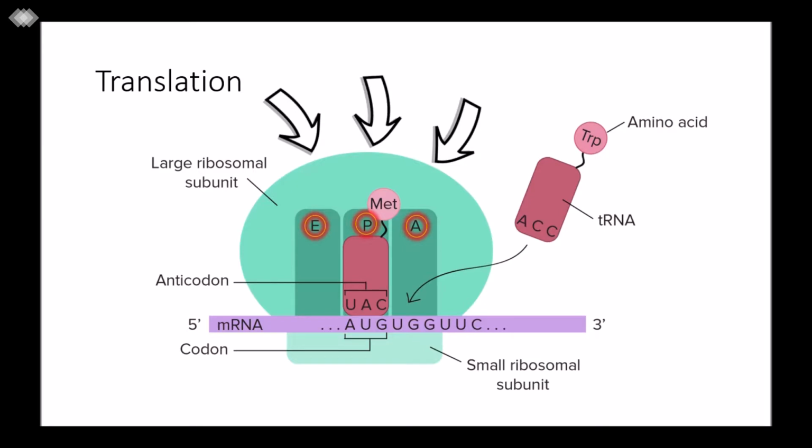Additionally, the tRNA that was originally in the A site will now move over to the P site, and pretty much this process keeps happening over and over again, building that polypeptide, that protein, by adding amino acids to the growing chain in a process called elongation.